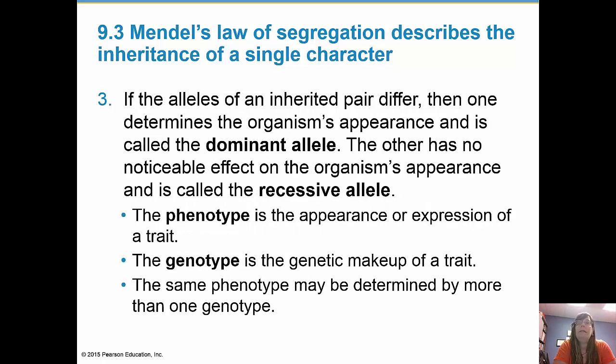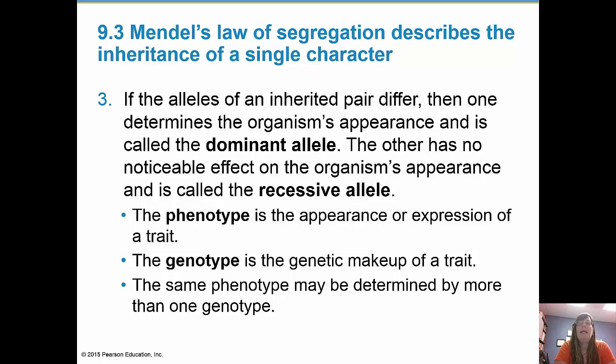If the alleles of an inherited pair differ, then one is going to determine the organism's appearance, and that's the dominant allele. As I said, the recessive allele has to be present for both alleles in order for it to be expressed. If the dominant allele is present, that's what's going to show through.